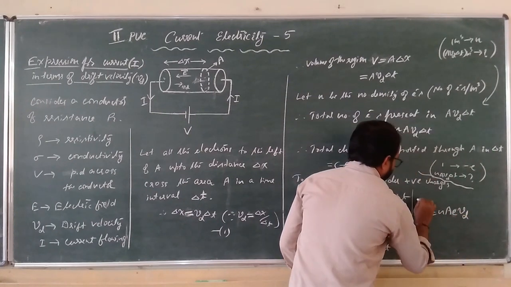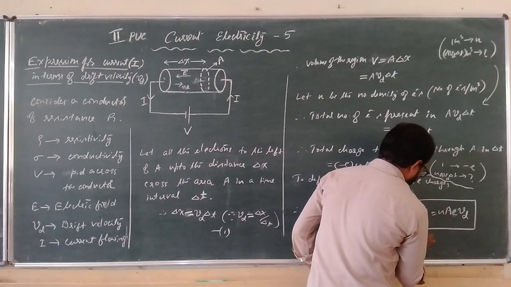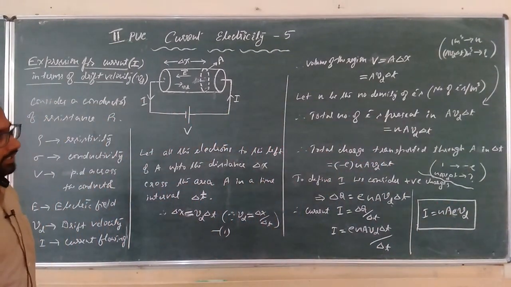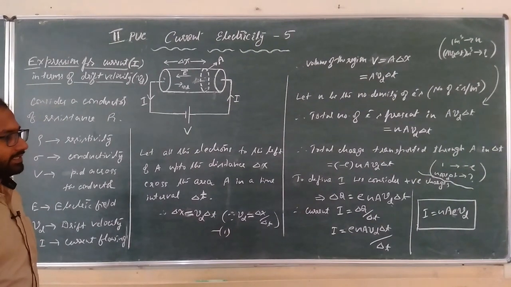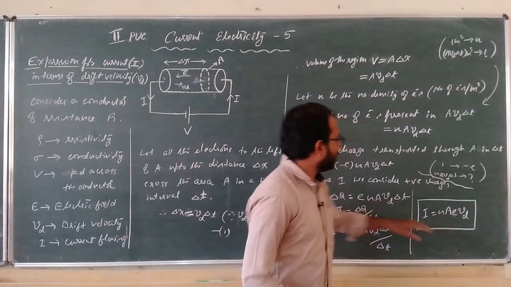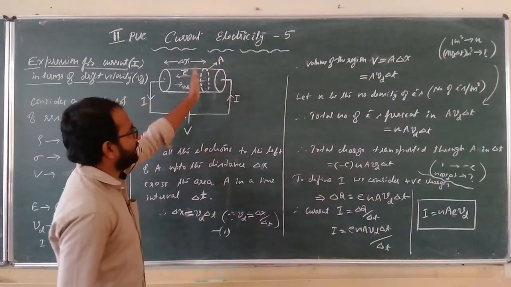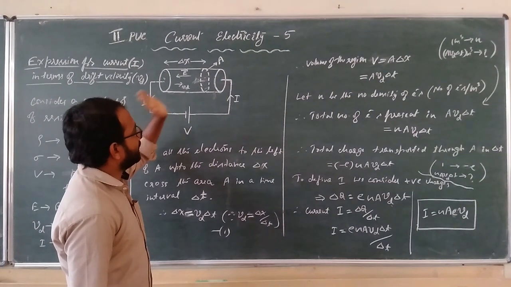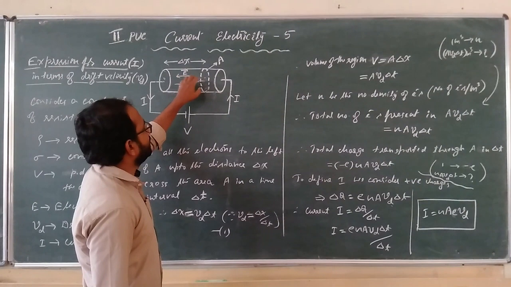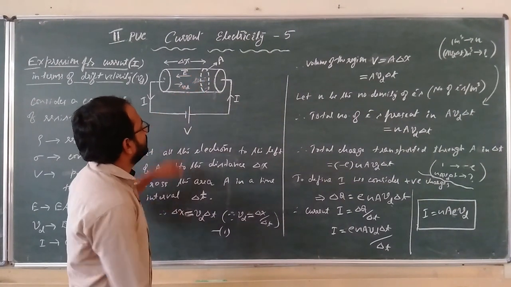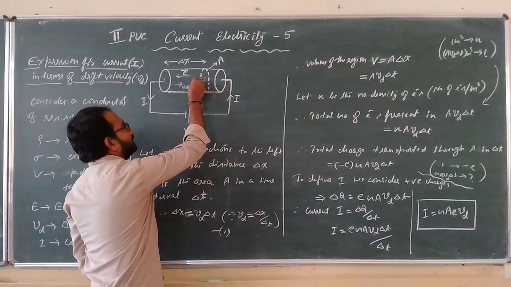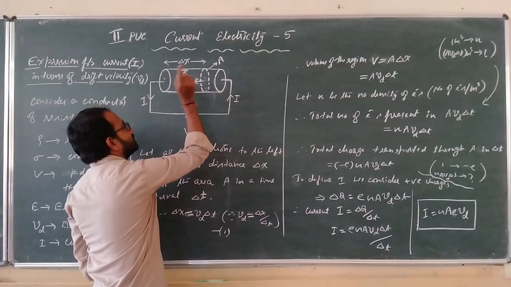Okay, so this is the expression for current in terms of drift velocity: I is equal to n A e v_d. Small n is the number density, the number of electrons present per unit volume of the conductor. A is the area of cross section of the conductor. The area is taken such that the area vector is parallel to E. If I draw a normal to the area, that gives the direction of area vector.